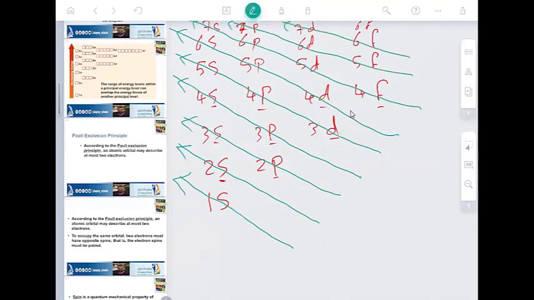The arrangement here will be 1s first. How many electrons can s carry? Who can tell me? 2. Yes. What about p?